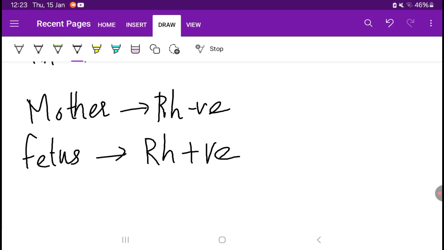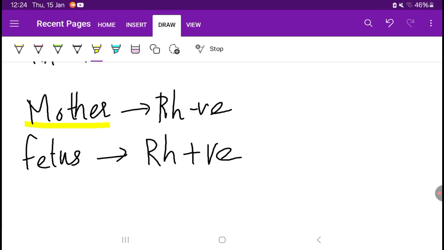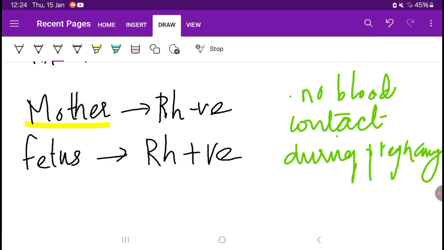So primarily when the mother is pregnant, there is no blood contact during pregnancy. The contact of blood is during delivery.